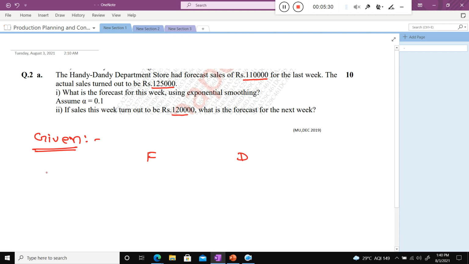Okay, so if I talk about the last week, what is the forecasting of last week, class? One lakh 10,000. Very good. 1,10,000.